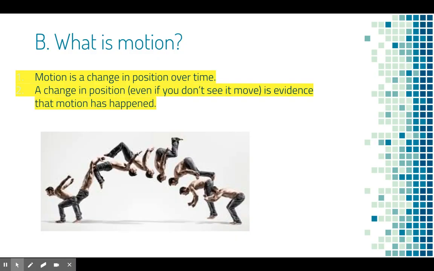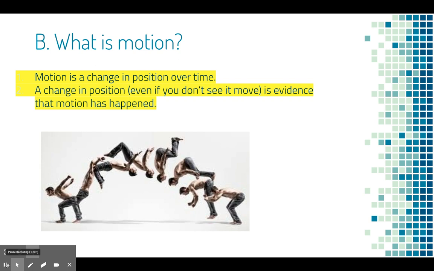Motion is a change in position over time, and it's a change in position even if you don't see it move. That is evidence that the motion happened. So if you guys were all working quietly in the classroom in your spots, and I left the room for a minute to go talk to another teacher, and I came back in and you were all in different spots, that would be evidence that you guys had moved.